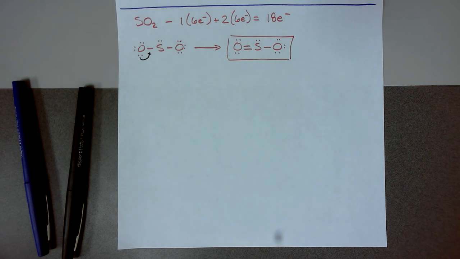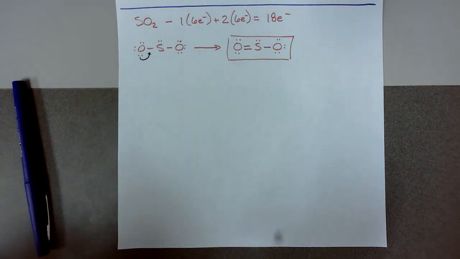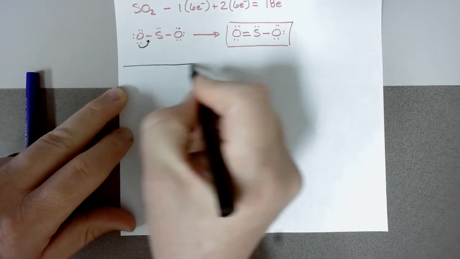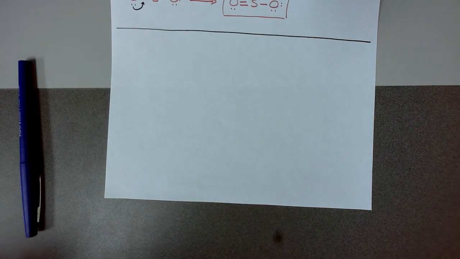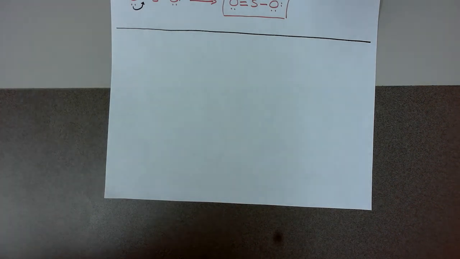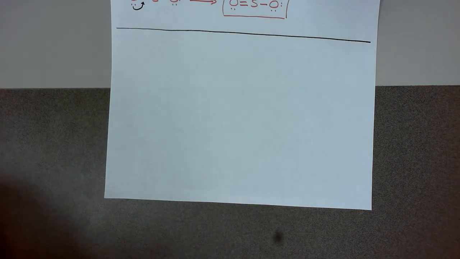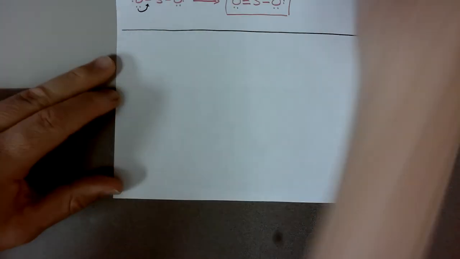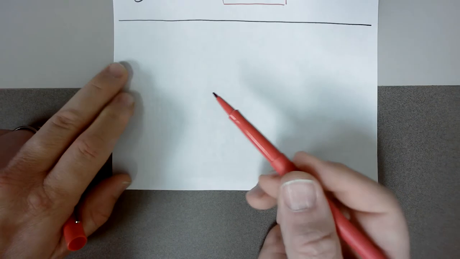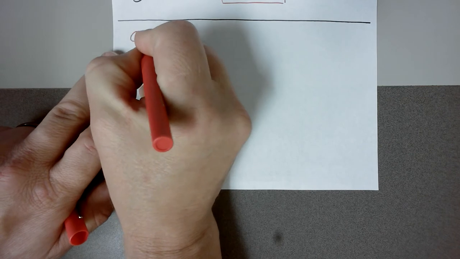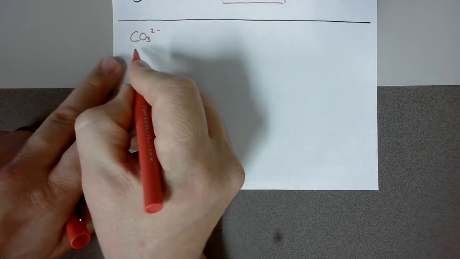The next one, let's look at a polyatomic ion. Let's pick carbonate. It's CO3 2-, so it's a polyatomic ion.